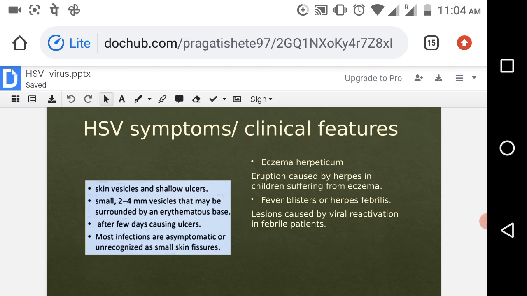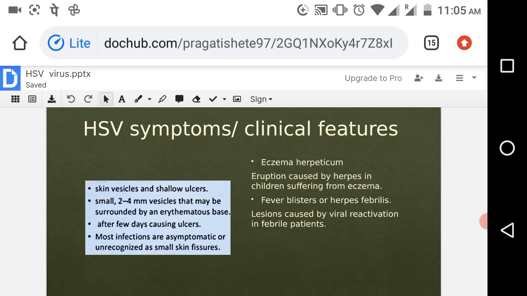This is a very distinguishable characteristic of herpes in children. Children who are suffering from eczema can get herpes, which will produce a visual characteristic called eczema herpeticum, the eruption caused by the herpes infection in children suffering from eczema.